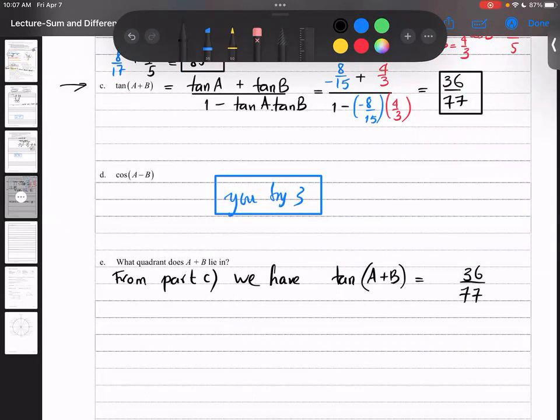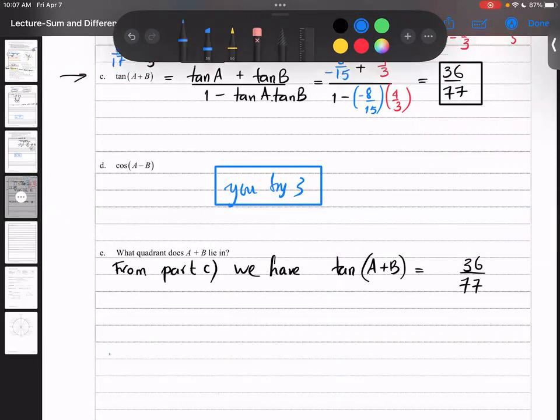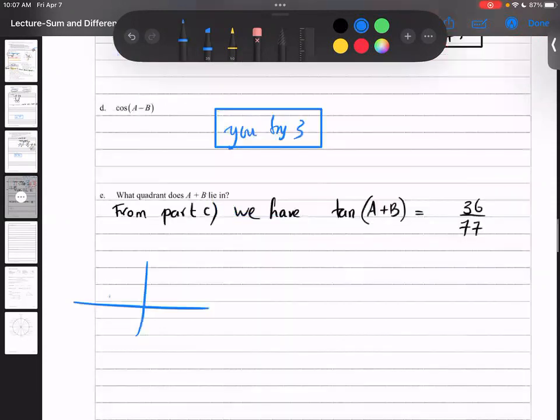So far, so good. Let me ask you something. Don't write this down. What is the domain of tangent inverse? Anybody remember? The domain of the tangent inverse. If you forgot, draw it out.